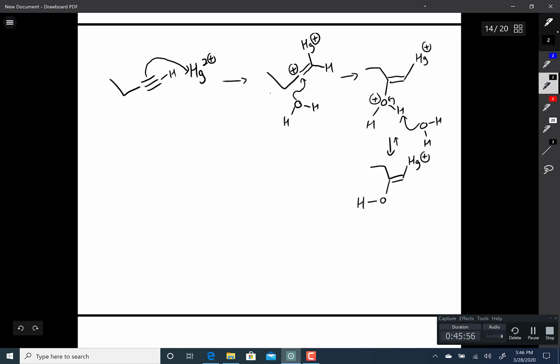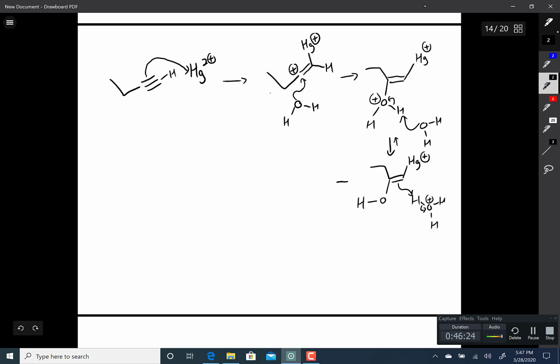Okay. Now is where typically your strong acid comes in. And you're going to protonate the alkene, or technically, you're going to protonate the enol that you have here. So, you can protonate, and it protonates to give the most stable carbocation it can.